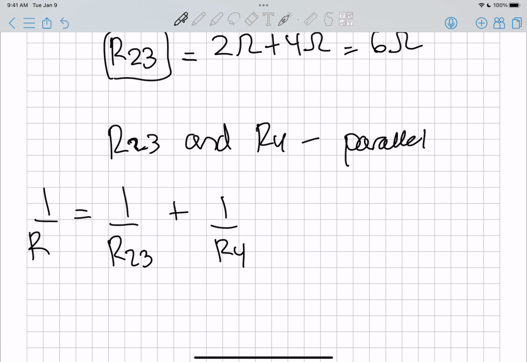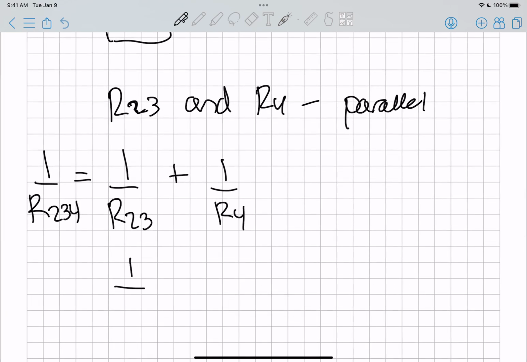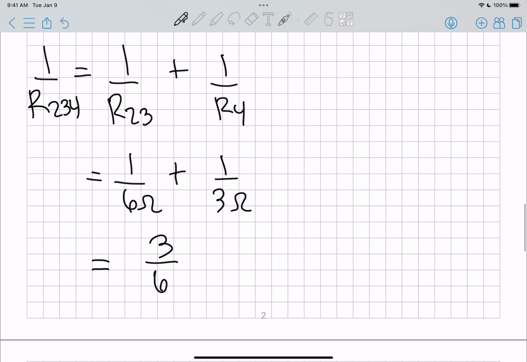Exactly. R2,3,4. So we have 1 over 6 ohms plus 1 over 3 ohms. So this is just 3 over 6. And are we done here?